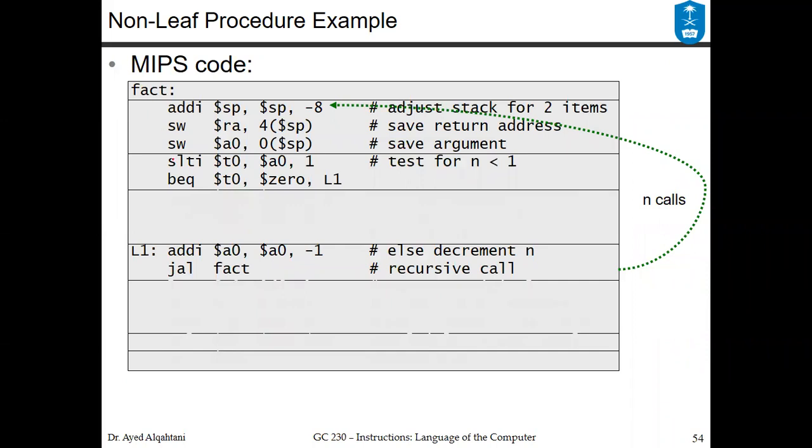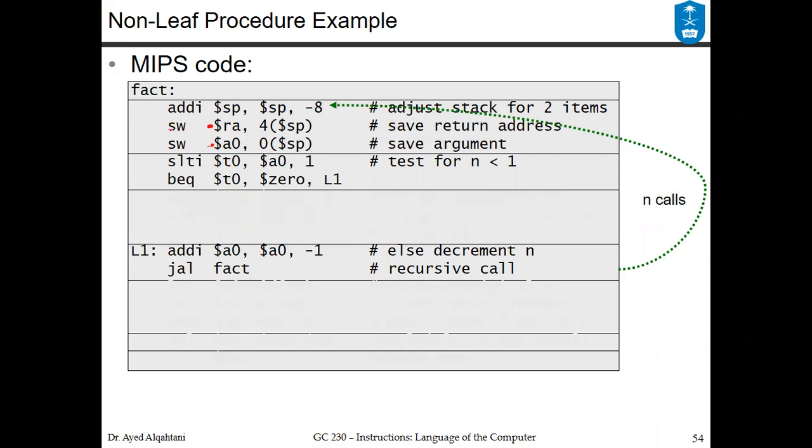You notice that first, we will try to push the RA and the A0, because this is a non-leaf procedure, and especially in this case, it's also recursion.